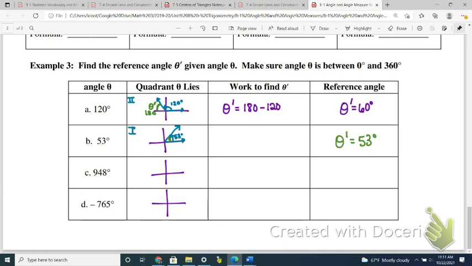For 948, what I'm going to do is I'm going to subtract 360 until I get a positive number between 0 and 360. So I'm going to keep doing that, and it gets me 228. So that's really what I'm going to graph. It is a 228 degree angle. So here's about where it would be.